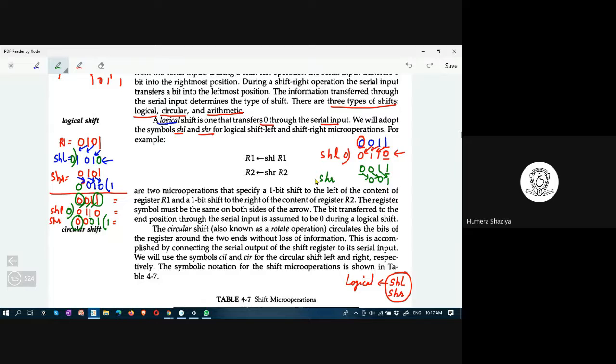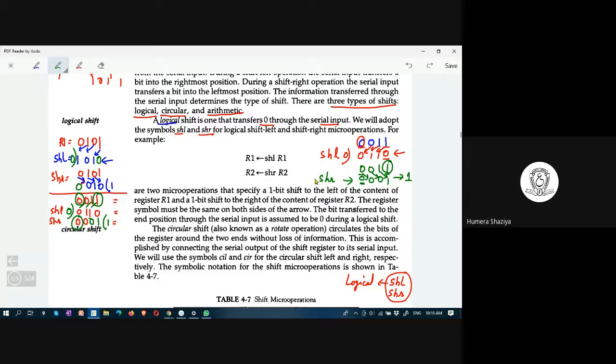Now what is left? This one is left. This is serial out. One you send out. And what you have to transfer in? There is a vacant spot here. So to that spot you have to push in 0 because it is logical shift.